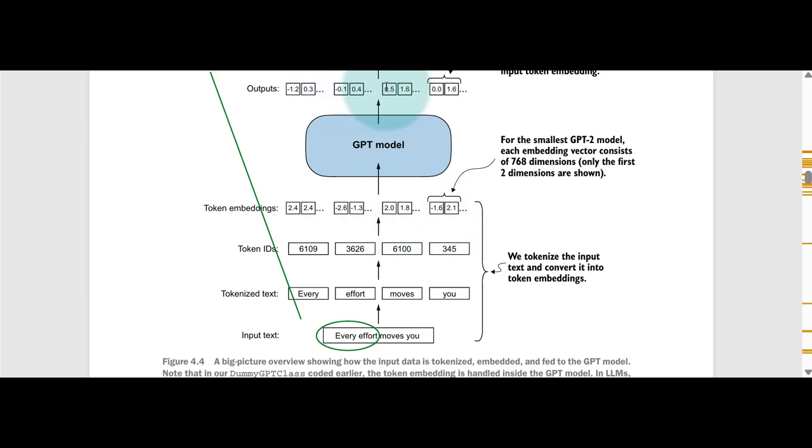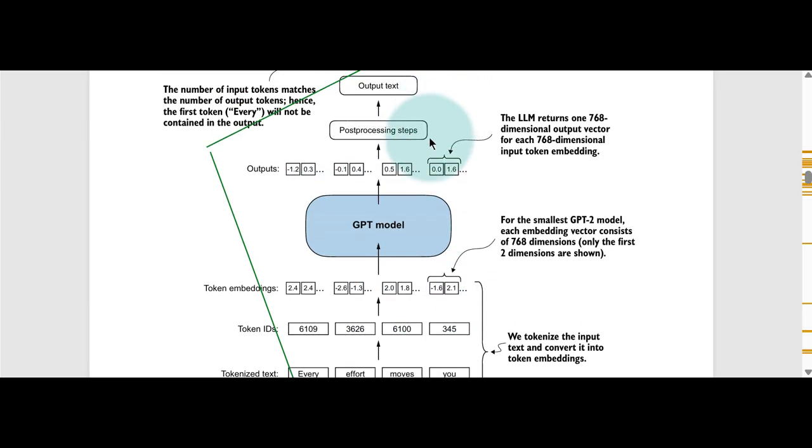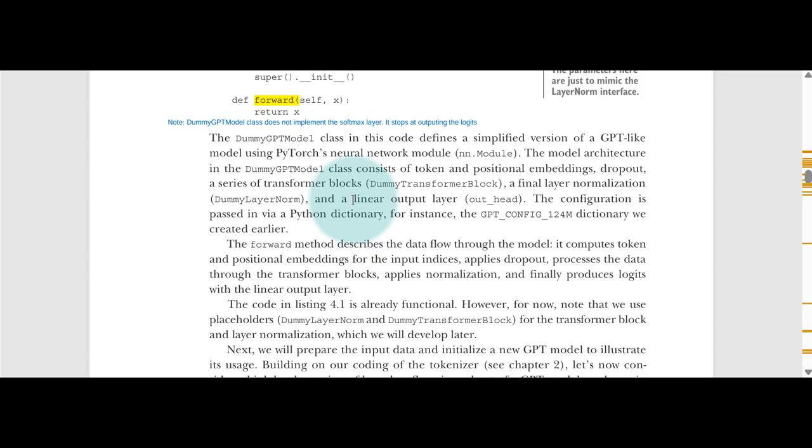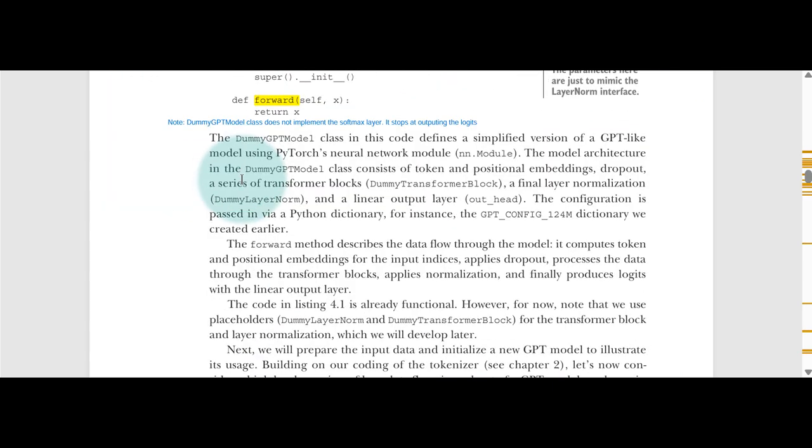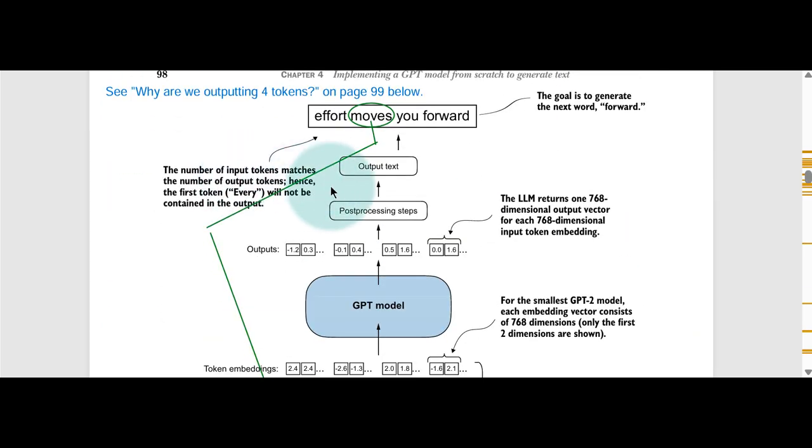Same thing here. Okay. Then, that's the GPT model, which is this whole part here. Then we have to do a little bit more of this and that, some post-processing, and then we get our output text.